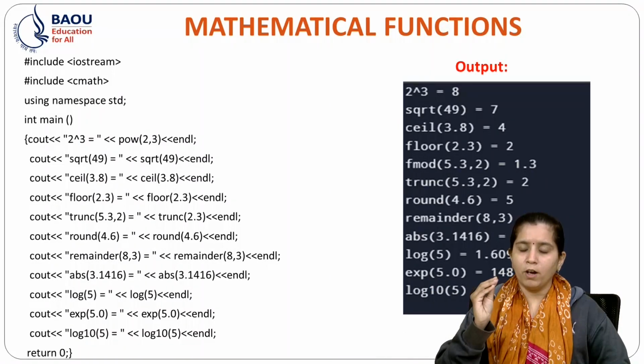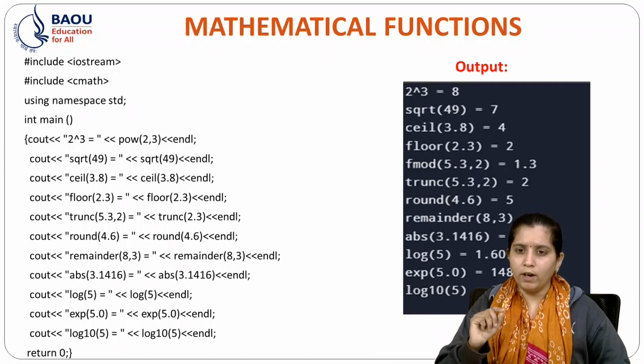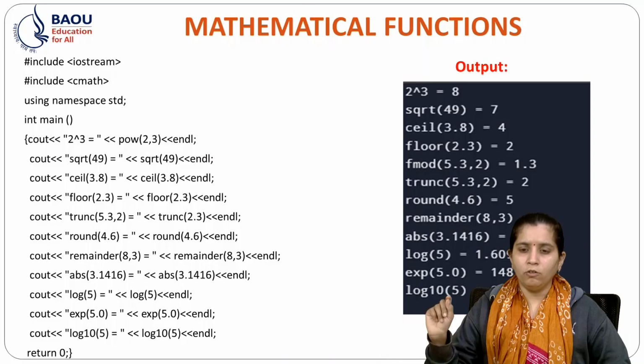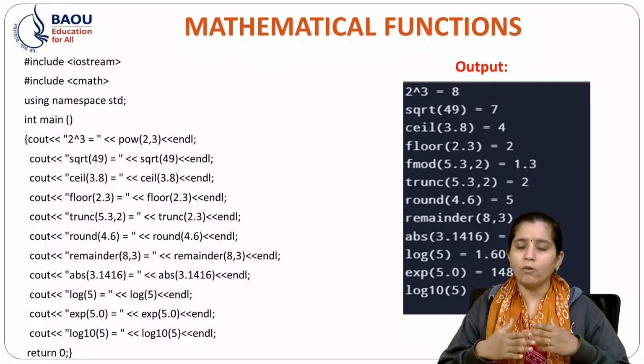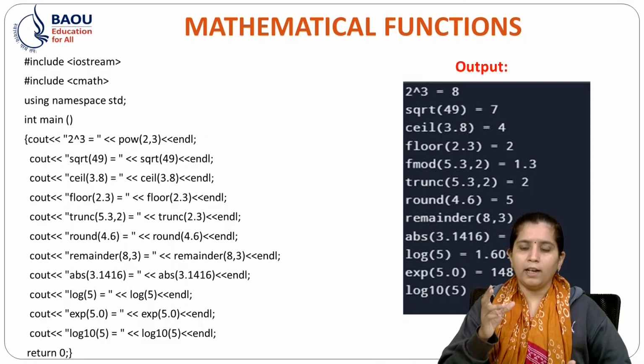Because 4.5 and above rounds up, so when we round it off, it automatically becomes 5. In remainder, 8 and 3, we have 2. I hope you get how remainder works. Then absolute, log 5, exponential 5 to 0, log 10 to 5. I hope now you get how all this works.